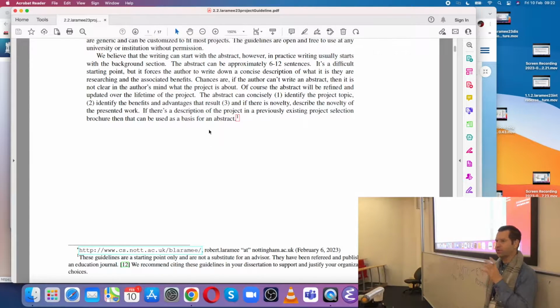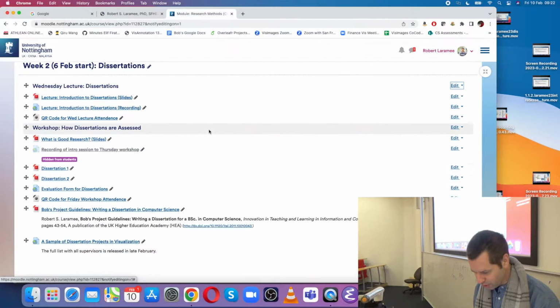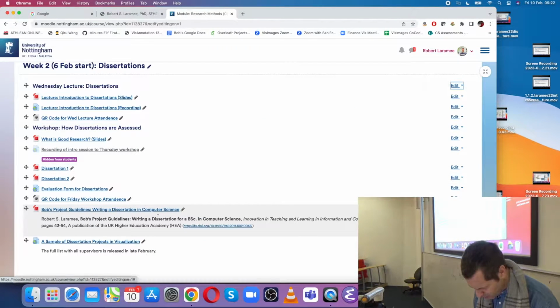So these guidelines have been submitted to the journal, and then some other external referees reviewed them and either approved them or, well, they didn't reject them because it got published, right? So it's been through a peer review process. That's what's special about these guidelines. So they're actually published in a journal, and that means you can cite them, right? And the journal information is here, right?